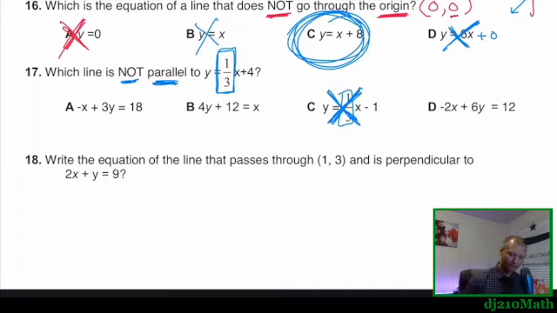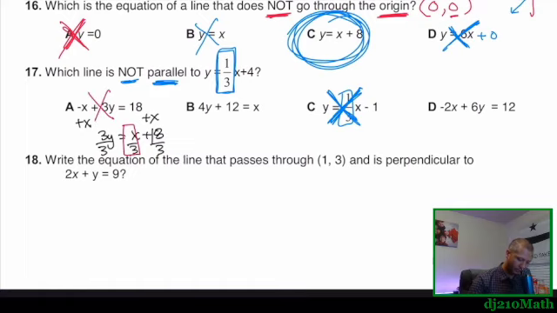We're going to have to solve these for y so that the slope will be more obvious. If I add x to both sides, I get 3y is equal to x plus 18. Divide everything by 3 to solve for y, and you see that here is 1/3.